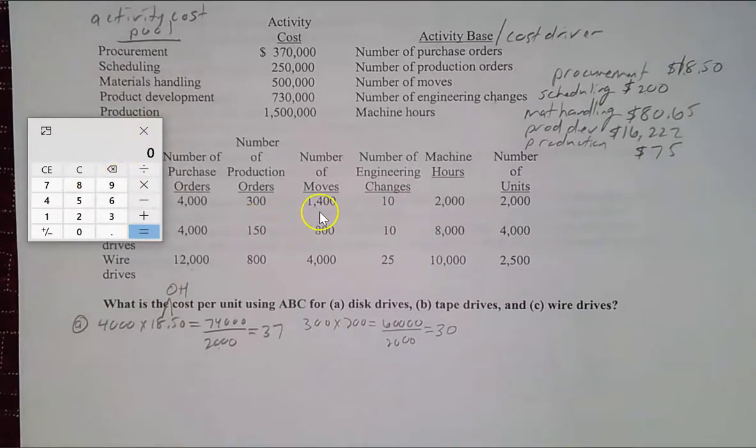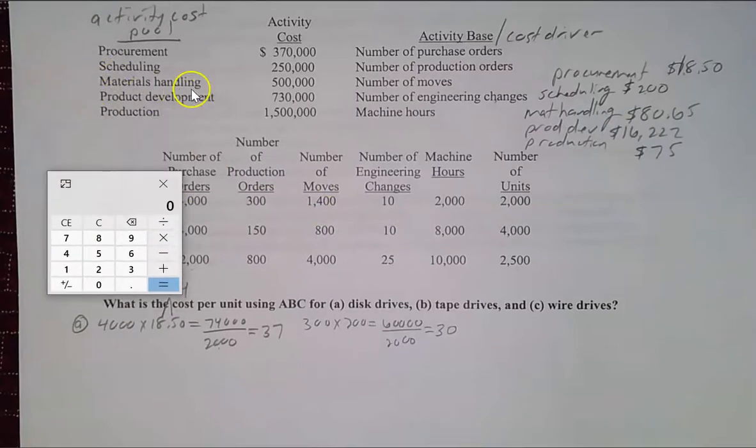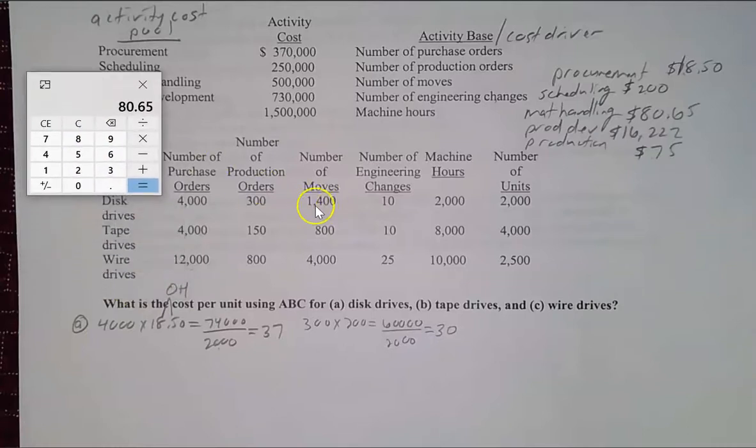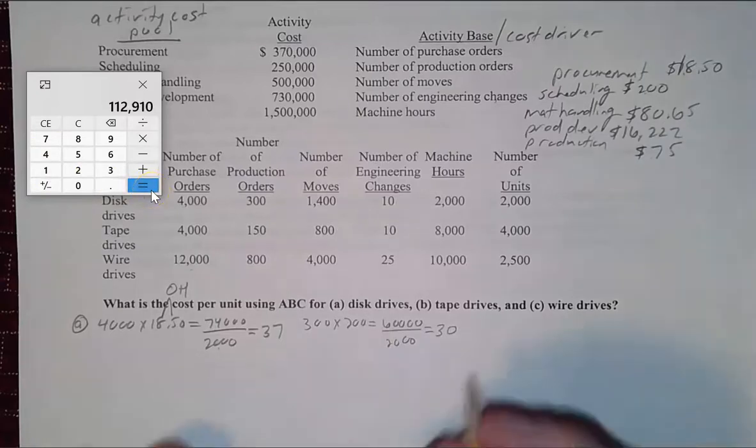Then we're going to move over here to materials handling and number of moves. Materials handling, we have a rate of 80.65 times 1,400. That's our number of moves. Let's see, got to start over on that one too. 80.65 times 1,400 moves. Okay.